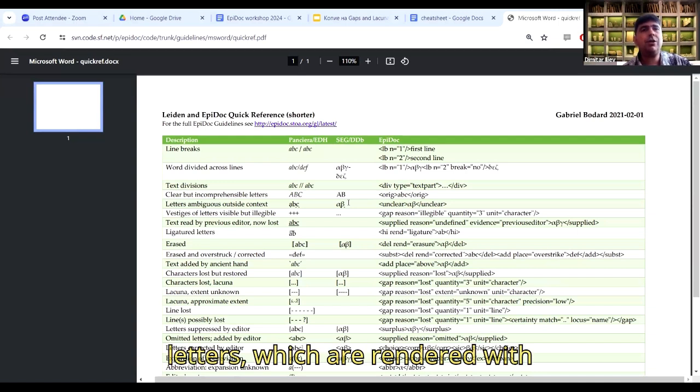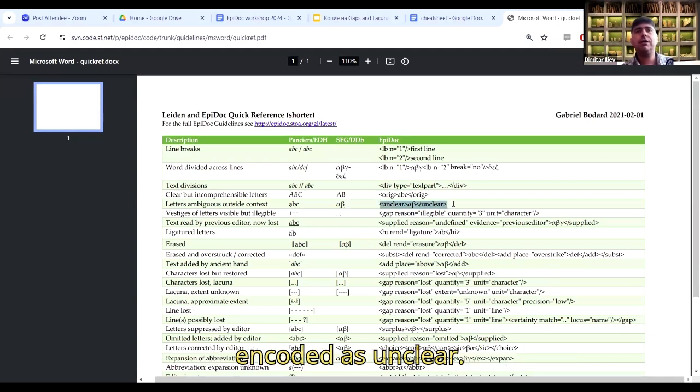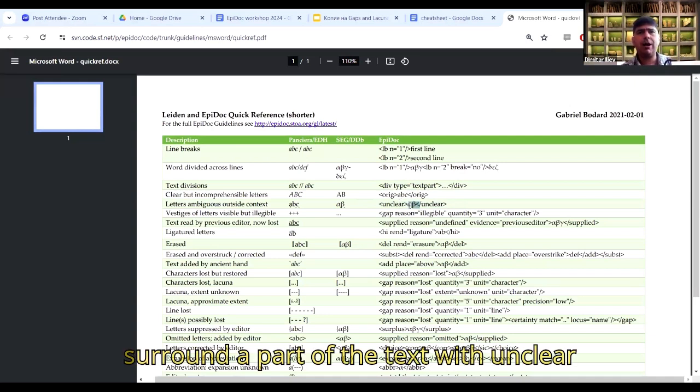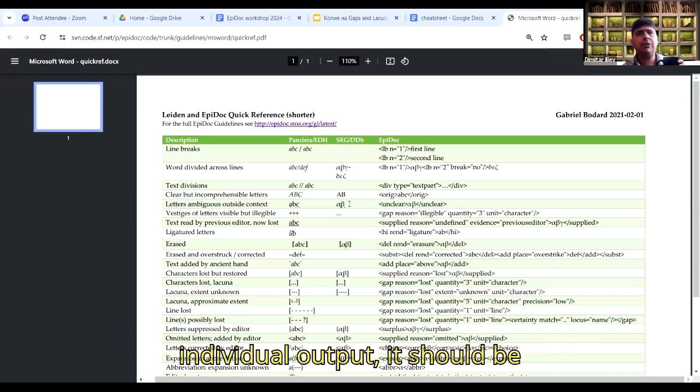The letters which are rendered with underdots in an epigraphic edition are encoded as unclear in your EpiDoc XML. If you surround a part of the text, or a single letter, with unclear, in the visual output it should be presented as underdotted letters.